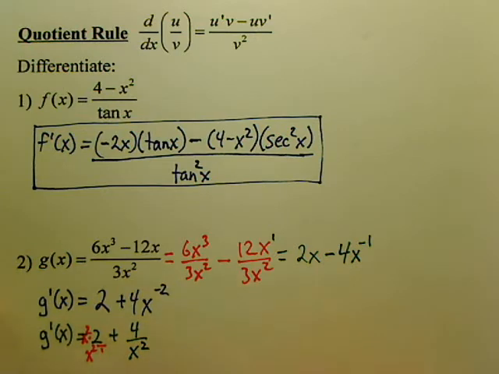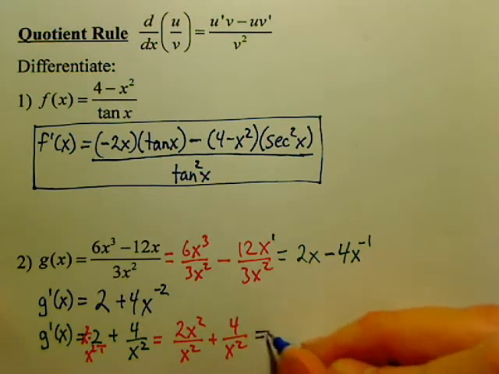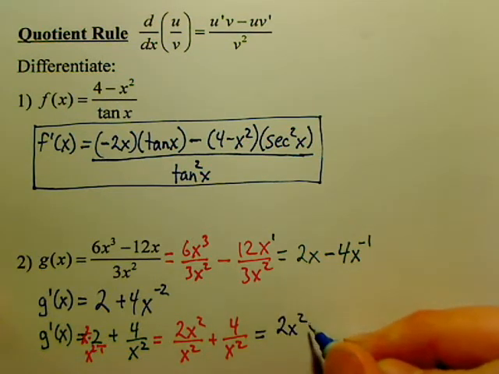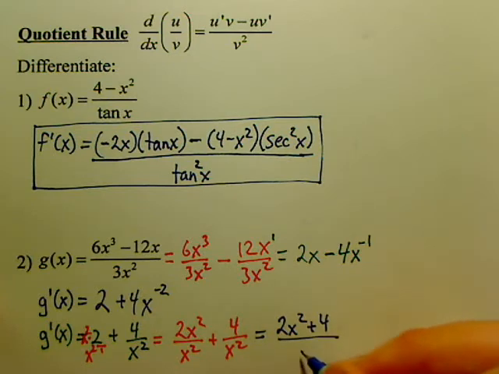Maybe put that over 1 and multiply top and bottom by x squared. What you'll notice here is I get 2x squared over x squared plus 4 over x squared. What do you see happening? My answer is 2x squared plus 4 over x squared. That is a very good answer.